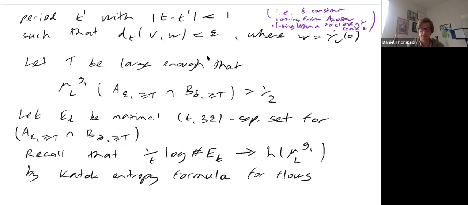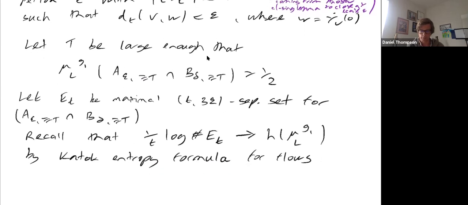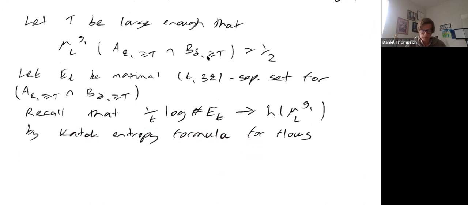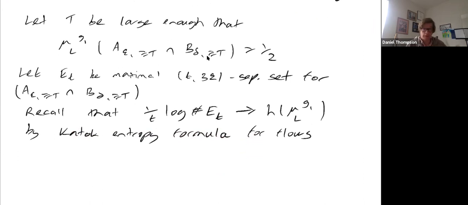Of course, it's a generalization of a Shannon, McMillan, Breiman type thing, but this was the first time it was done in this setting. That's why it's called the Katok entropy formula.